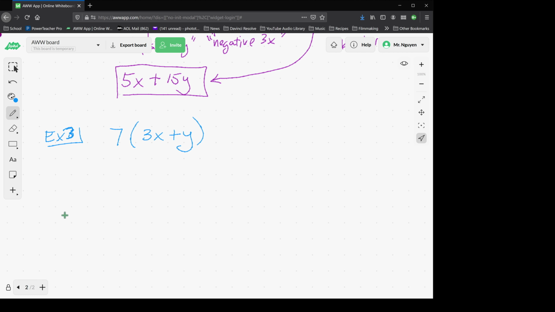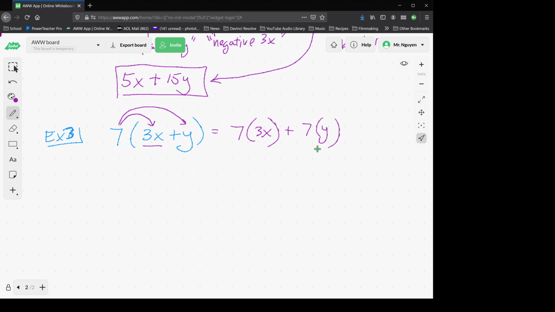This works exactly the same way as the distributive property before. We multiply this number, the 7, the number that's outside of the grouping symbol, the parentheses, by the first term, which is 3x. So we have 7 times 3x. Plus, we'll leave the operation there, addition. Then we have 7 times y.